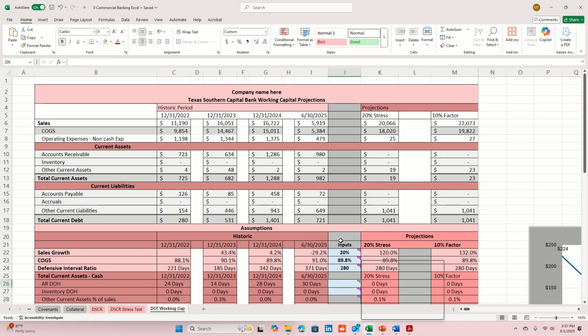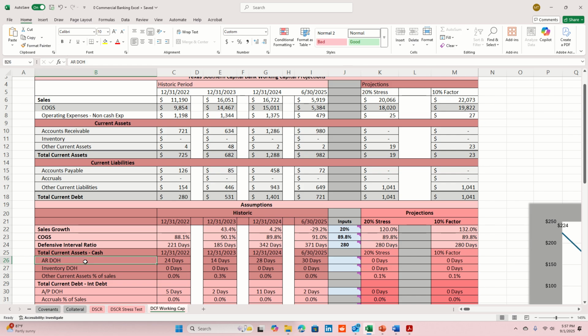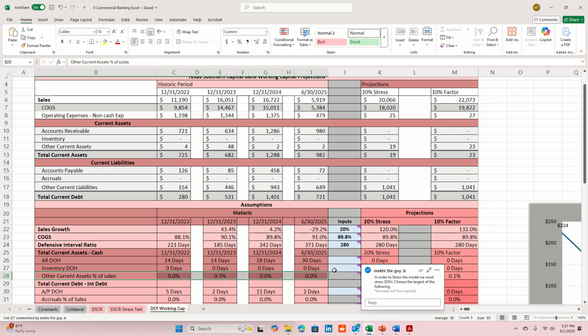So now we've made it down to accounts receivable days on hand. If you read the working capital chapter, you'll know how to calculate accounts receivable days on hand and inventory days on hand. And this company I'm working on now does not have any inventory. Other current assets is calculated as a percentage of sales, which means we're not going to calculate that based on days on hand.